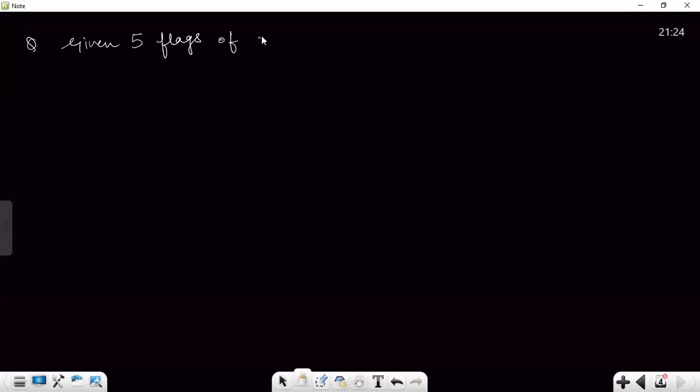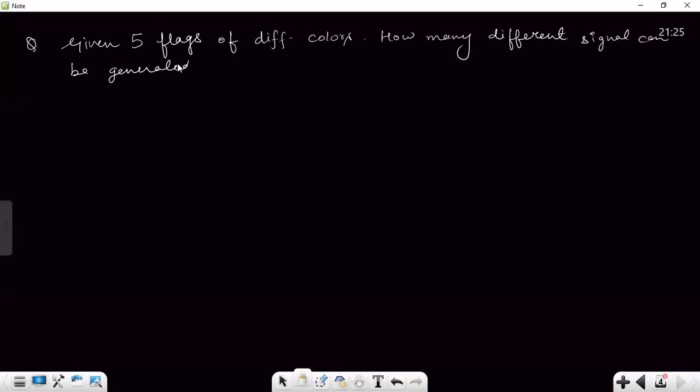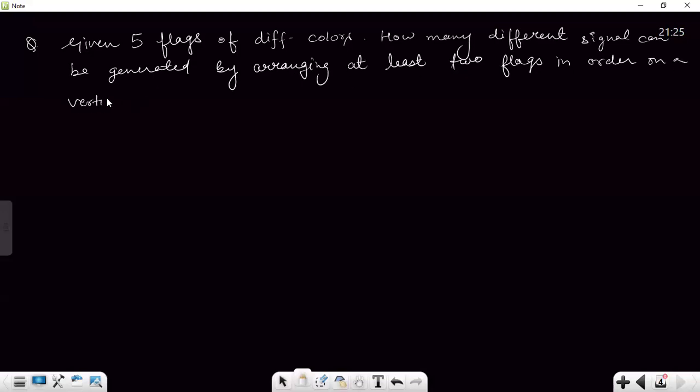Given 5 flags of different colors, how many different signals can be generated by arranging at least 2 flags in order on a vertical staff?